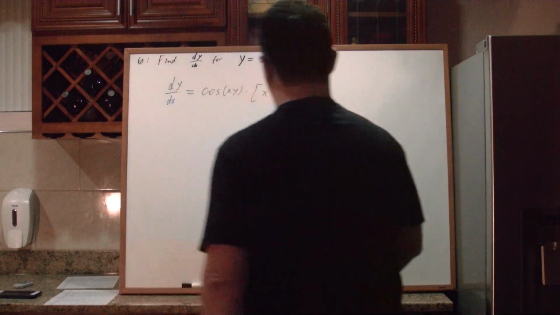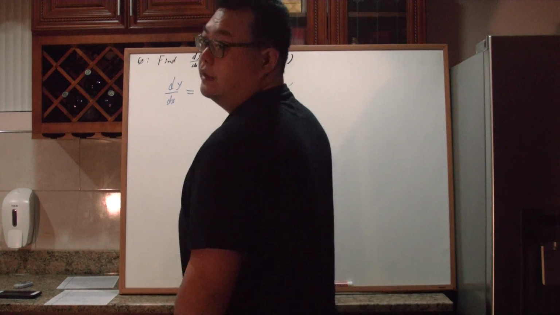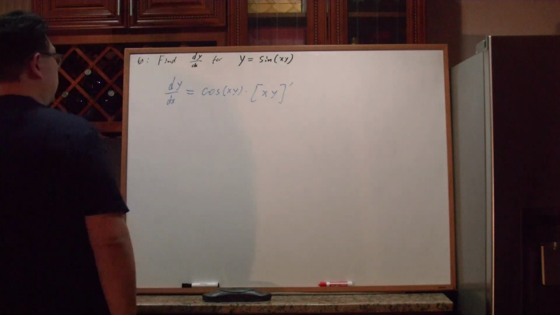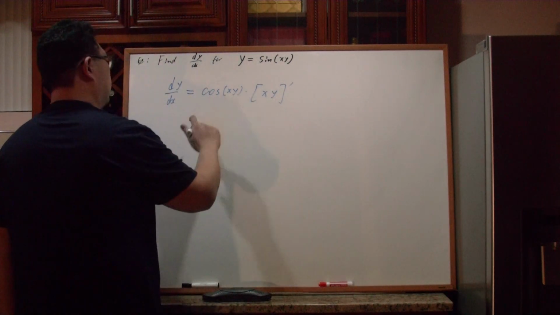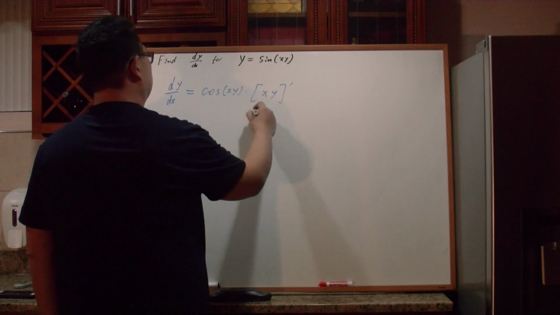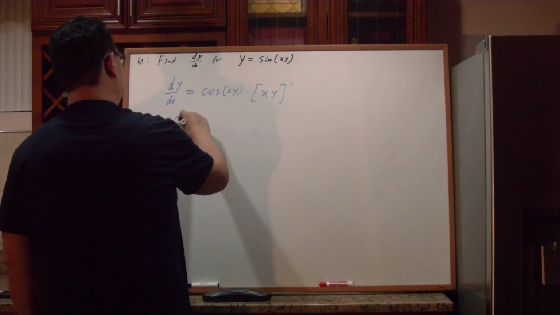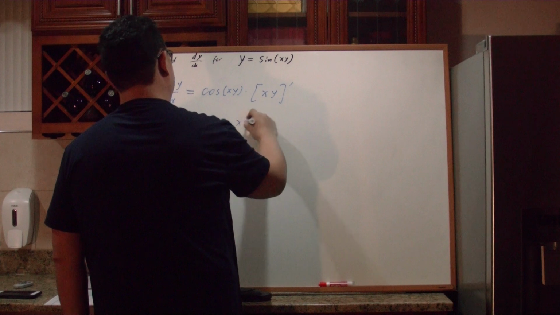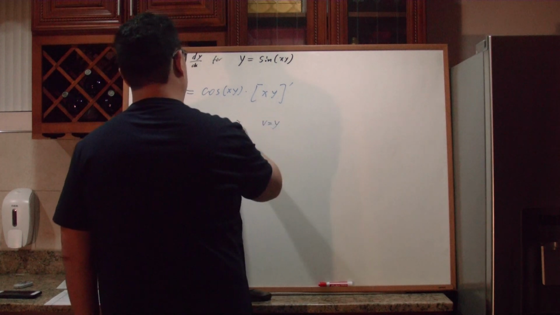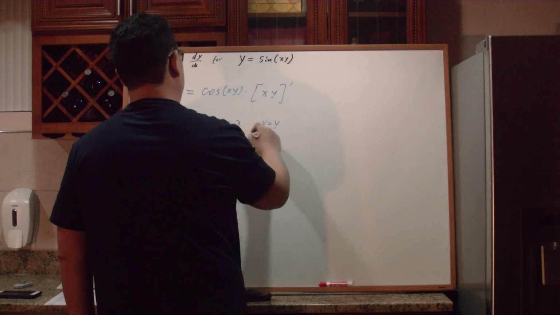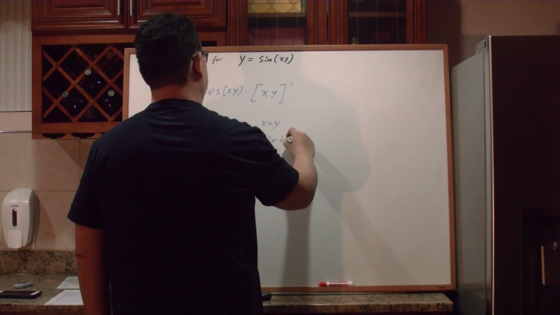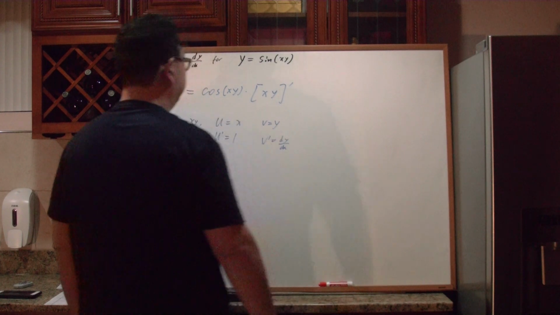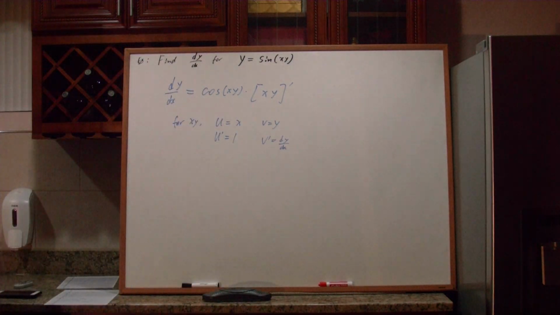Then afterwards we have the chain rule applied, but basically the inside is a product. So for xy, let u be x and v be y; u prime will be 1, v prime will be dy by dx. That is the small product.